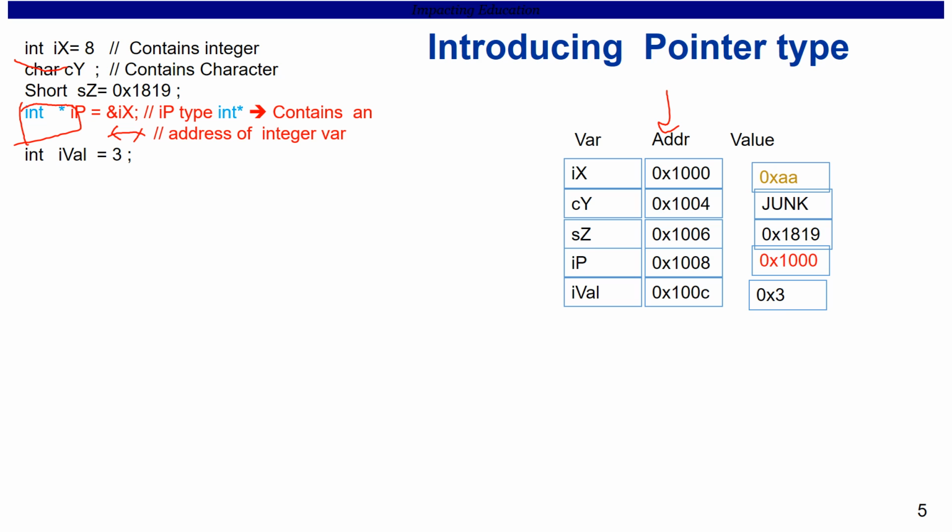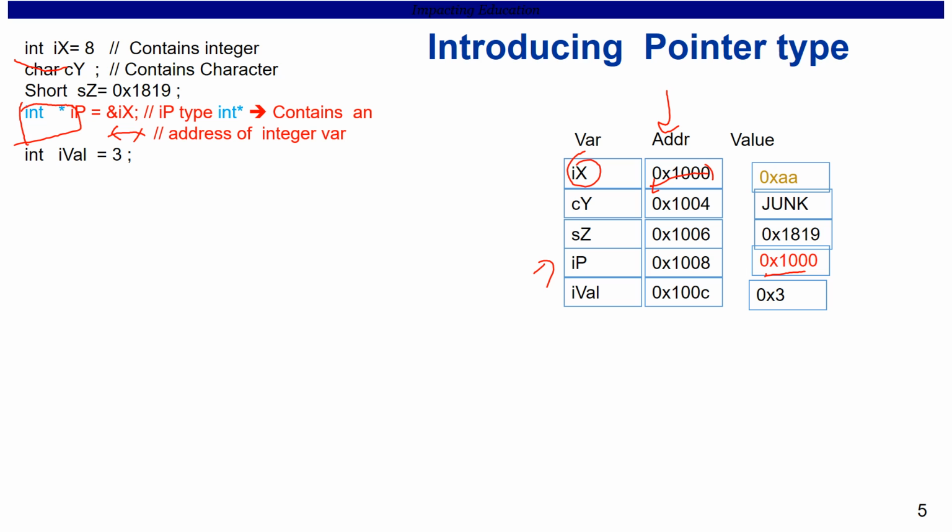So when I assign ip equals and of ix, the ip variable contains the value 1000. This is a numerical value only, but it is interpreted as the address of ix because ix sits at address 1000, right? So ip contains the address of ix.